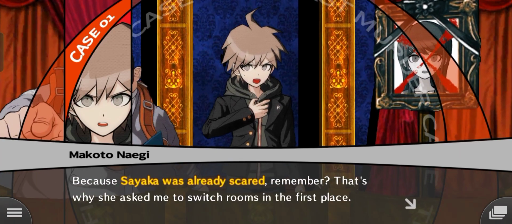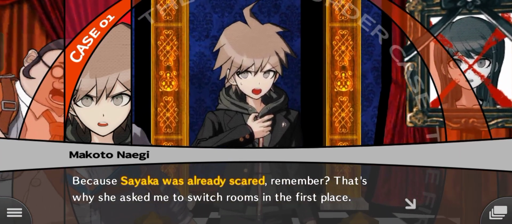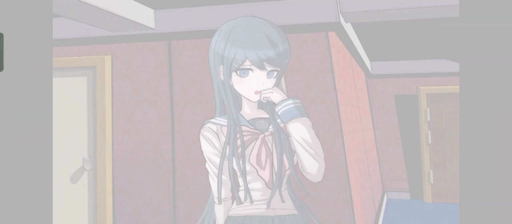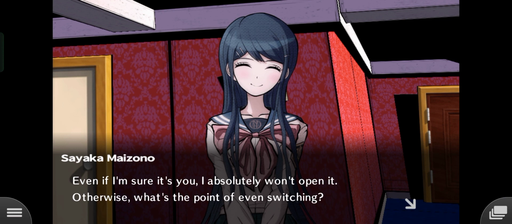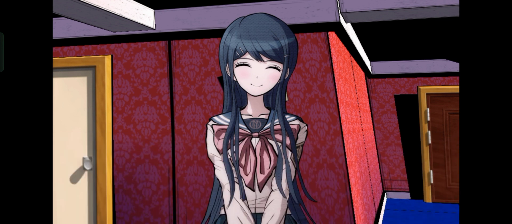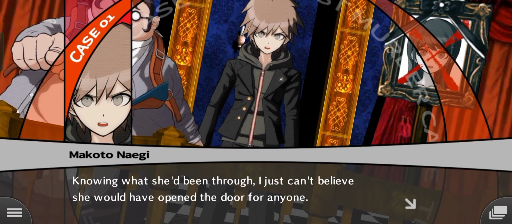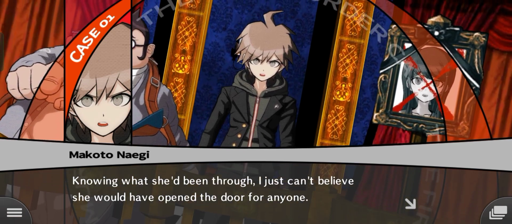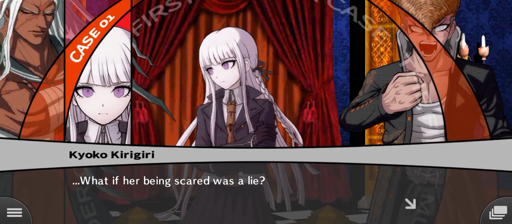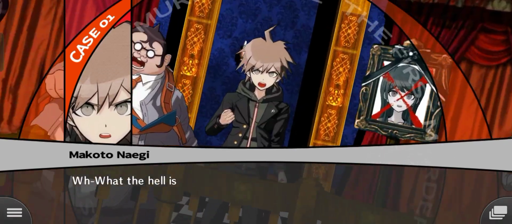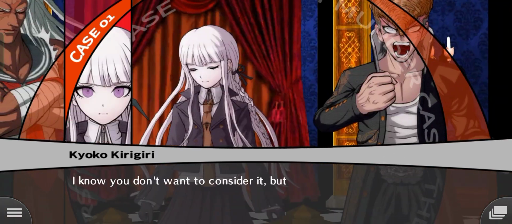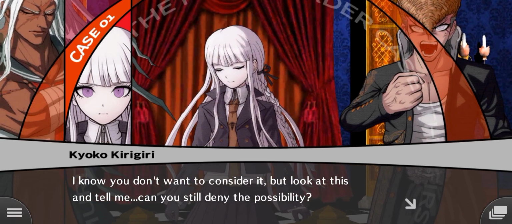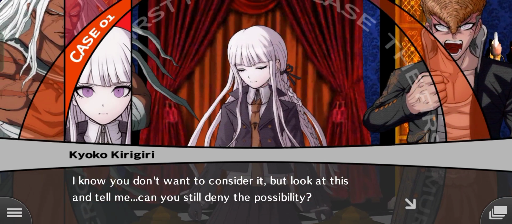Because Sayaka was already scared, remember? That's why she asked me to switch rooms in the first place. Knowing what she'd been through, I just can't believe she would have opened the door for anyone. What if her being scared was a lie? Huh? What the hell is that supposed to mean? Why would she lie about something like that? I know you don't want to consider it, but look at this and tell me. Can you still deny the possibility?